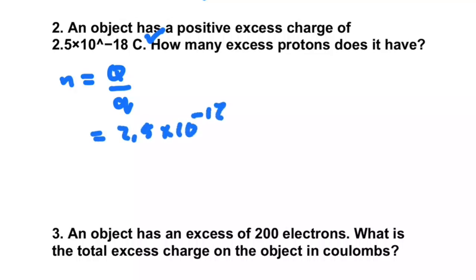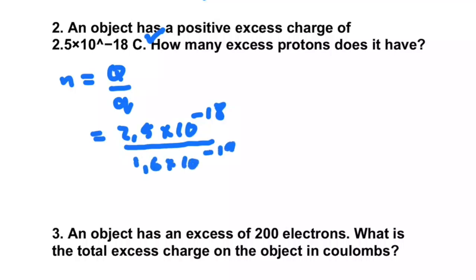So in this equation, we would have 2.5 times 10 to the minus 18. This object is positively charged, so it has an excess of protons or a deficiency of electrons. So we're going to have 2.5 times 10 to the minus 18 divided by the charge of a proton because it has protons in excess. The charge of a proton is 1.6 times 10 to the minus 19.